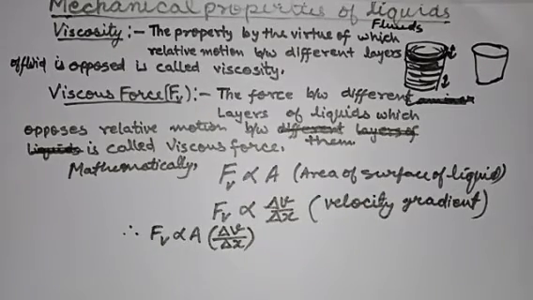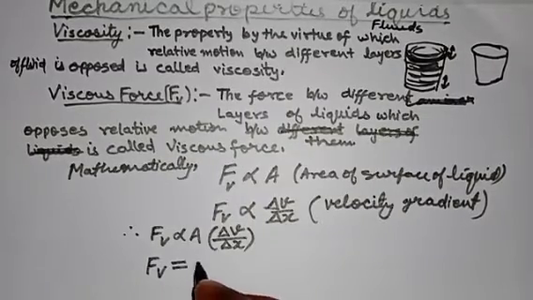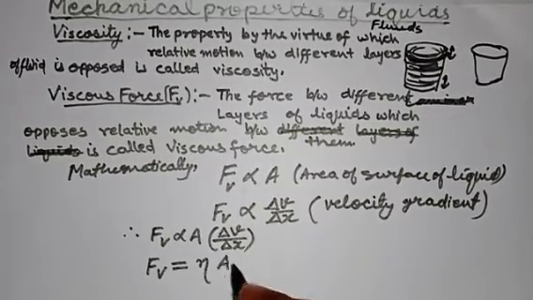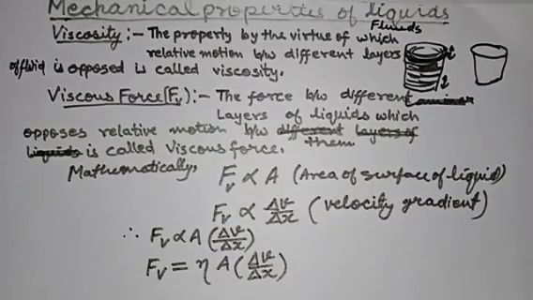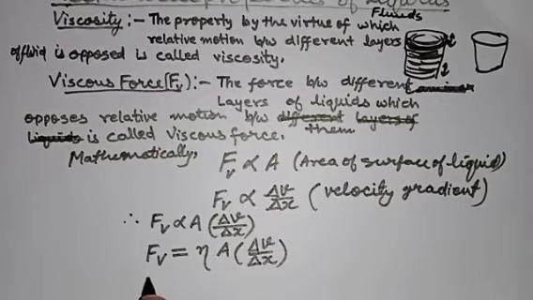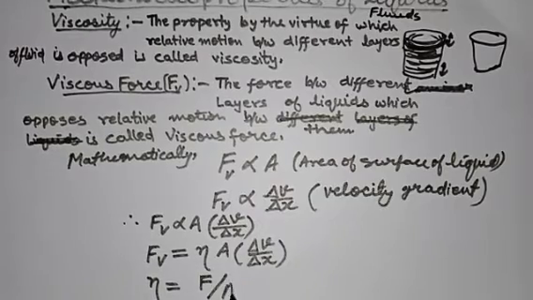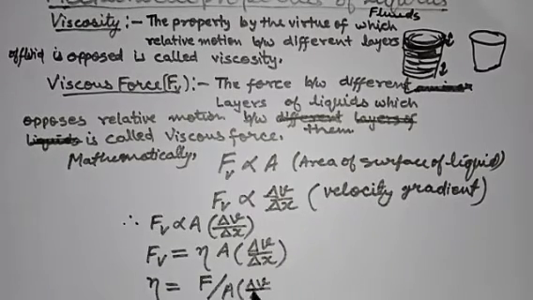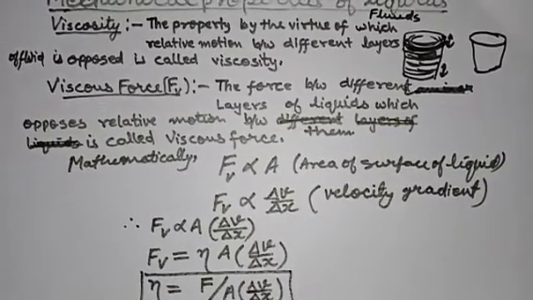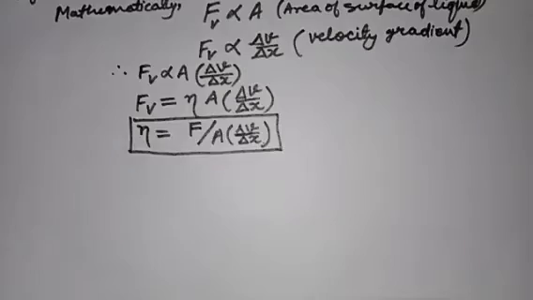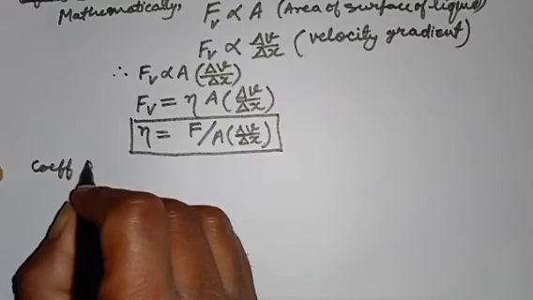Introducing eta as a proportionality constant, F equals eta A delta V by delta X, where eta is equal to F upon A delta V by delta X. This eta is called the coefficient of viscosity.